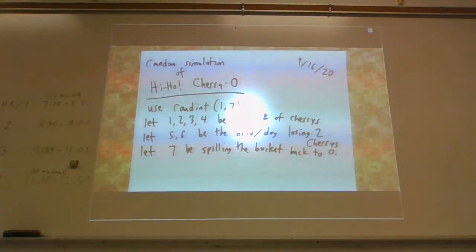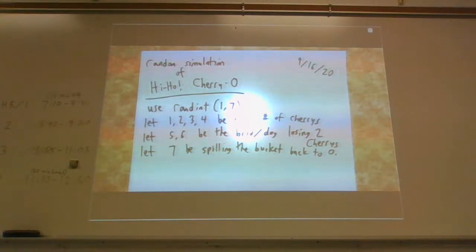Again, when we talked about random simulation last week, we talked about assigning numbers to real life things or events or situations. In this case, the spins on Hi-Ho-Cherry-O. Now, after the assignment of numbers, the next part, if you check your notes, was that I needed a stopping point. Well, if one trial is playing the game once, when do I stop?